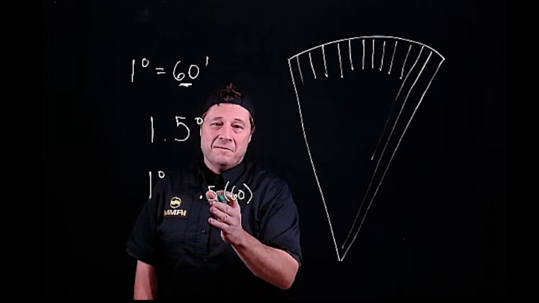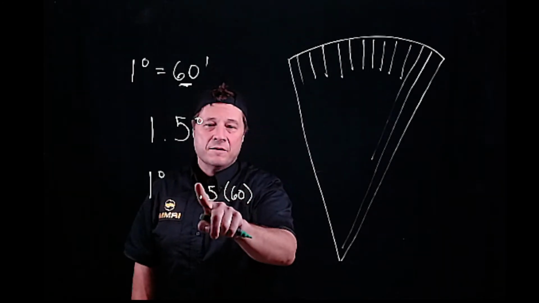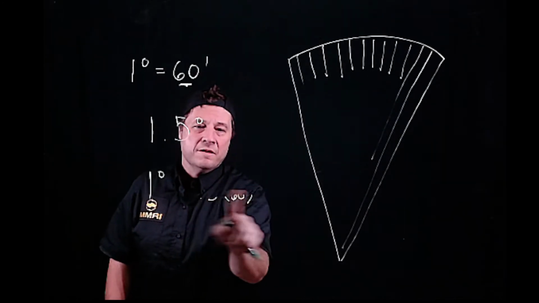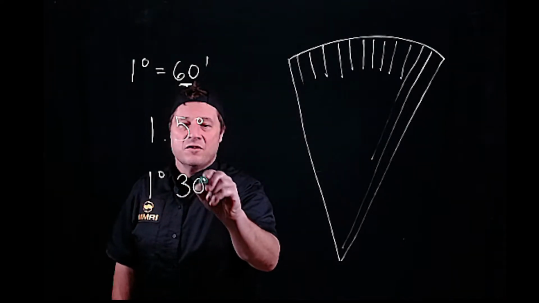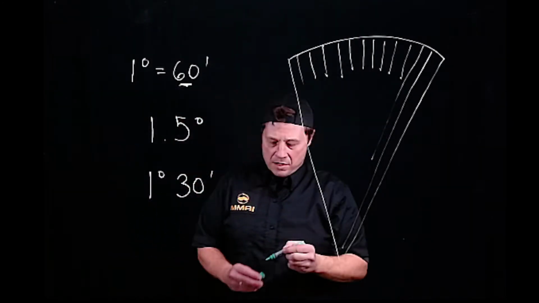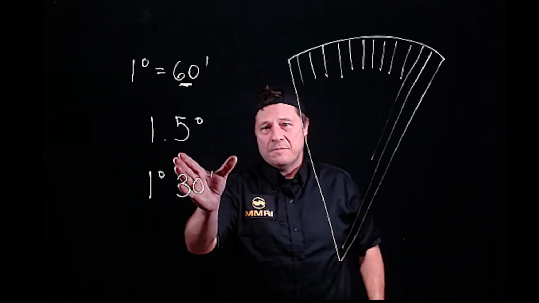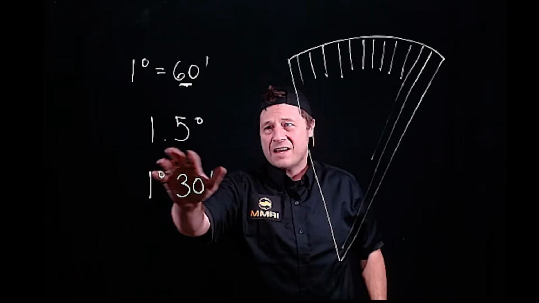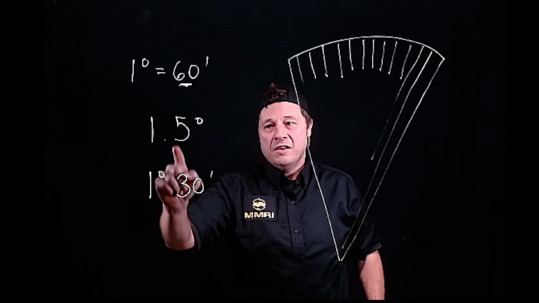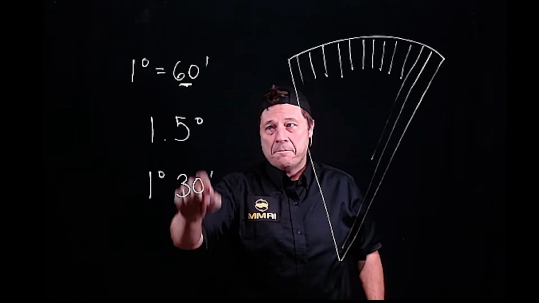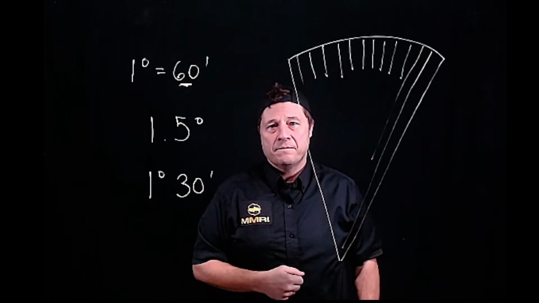So 0.5 times 60 is 30, right? So what I can do here is I can change this 0.5 to 30 minutes. Okay, so whatever your decimal is, you can convert that decimal to minutes by multiplying it by 60.